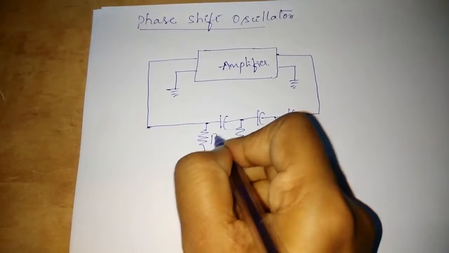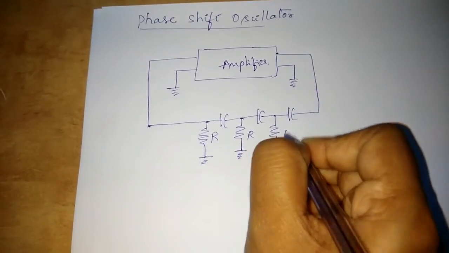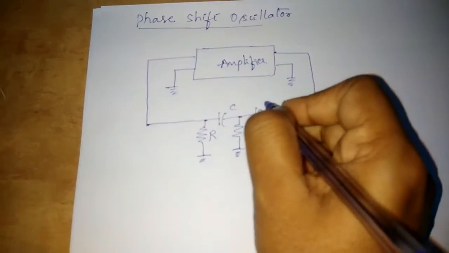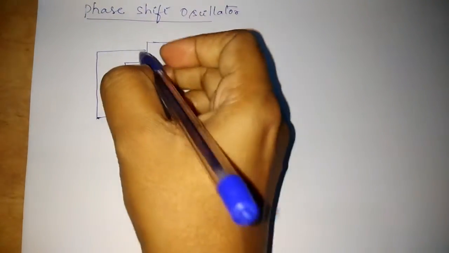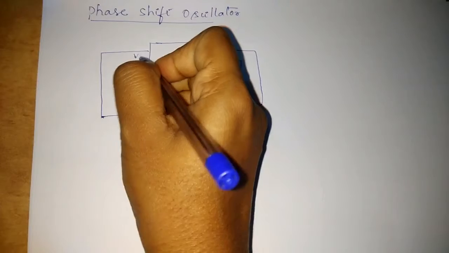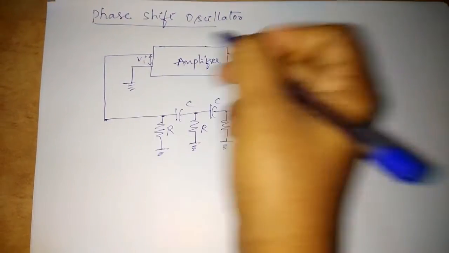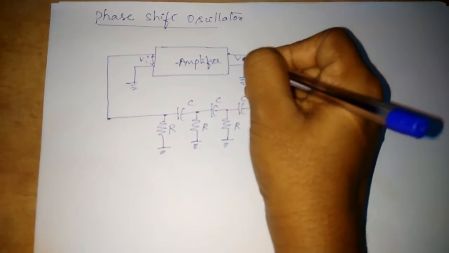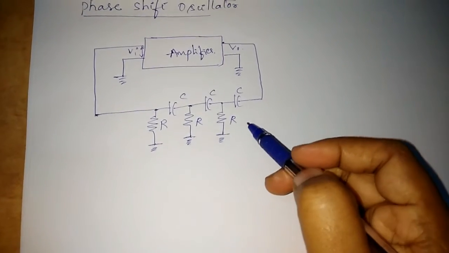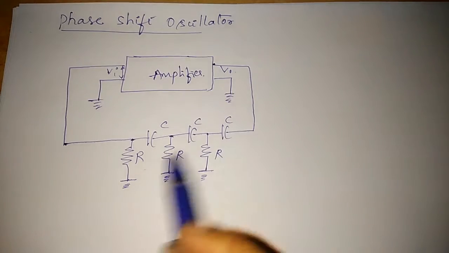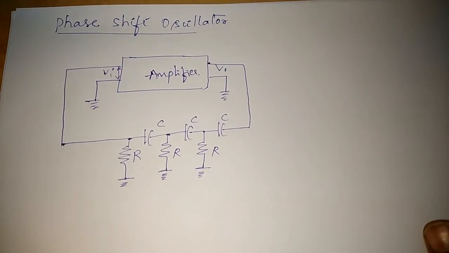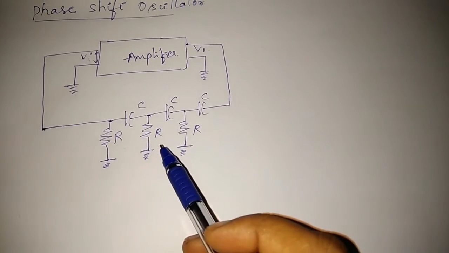So this is the feedback network consisting of an RC network. Okay, so this is Vi and this is your V0. Okay, so this represents the block diagram of a basic phase shift oscillator. I'm just saying it is a phase shift oscillator.